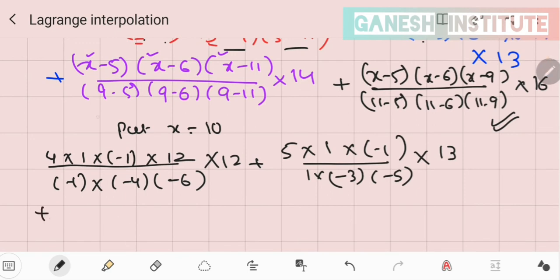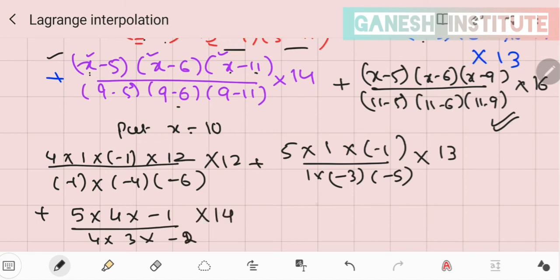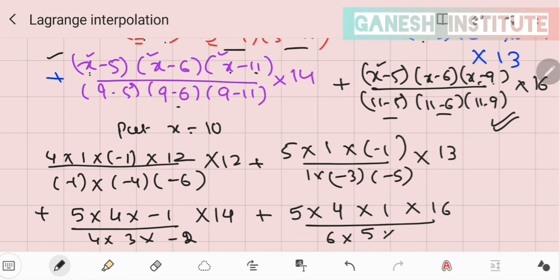Then here x is 10: 10 minus 5 is 5, 10 minus 6 is 4, 10 minus 11 is minus 1. Then 9 minus 5 is 4, 9 minus 6 is 3, 9 minus 11 is minus 2, into 14. Plus again x as 10: 10 minus 5 is 5, 10 minus 6 is 4, 10 minus 9 is 1, into 16, divided by 11 minus 5 is 6, 11 minus 6 is 5, 11 minus 9 is 2.